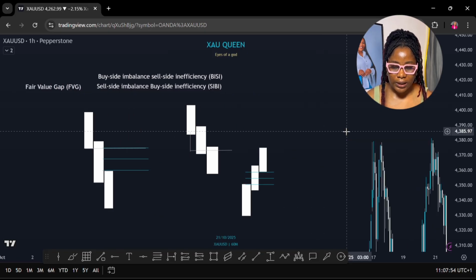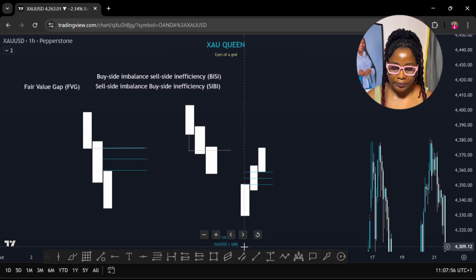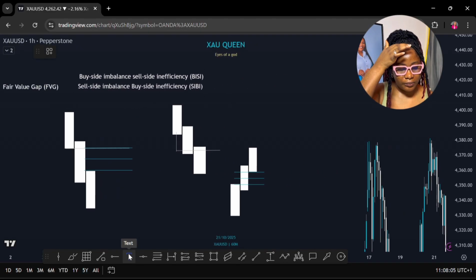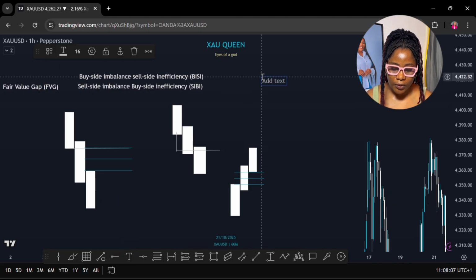Another thing we'll be looking at is BPR, liquidity void, and volume imbalance.